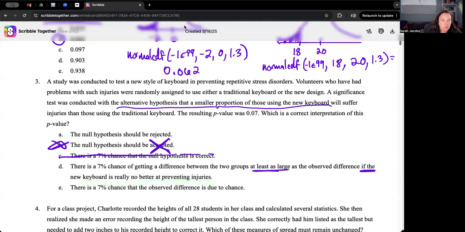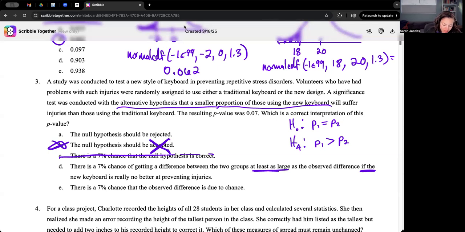So thinking about if we were doing this, right, our null hypothesis would be that the proportion, right? So that the P1 would be equal to P2, and I'm going to be annoying here and not define them. Our alternative would be that P1, the old keyboard had a higher proportion of injuries than the new keyboard.